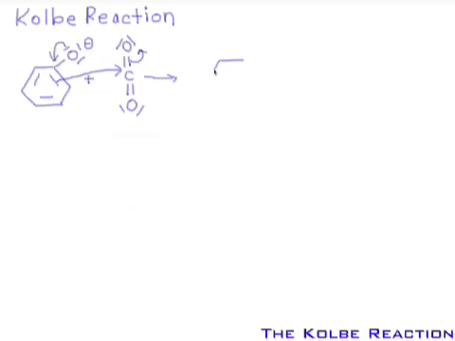What do we have when we're done this? Well, now we have a double bond O. We have a pi bond here, a pi bond here. We still have our H. And we have a C double bond O, O minus.